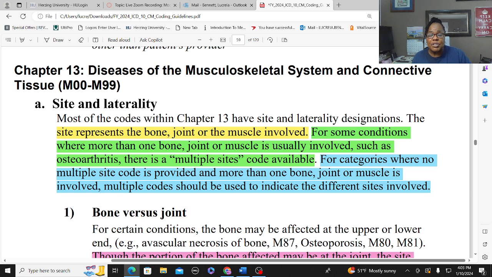For some conditions where more than one bone, joint, or muscle is usually involved, such as with osteoarthritis, there is a multiple sites code available. For categories where no multiple site code is provided and more than one bone, joint, or muscle is involved, then multiple codes should be used to indicate the different sites involved.